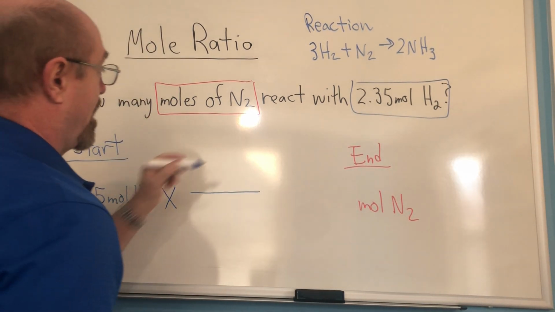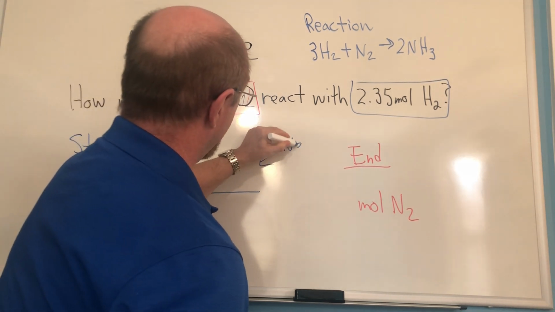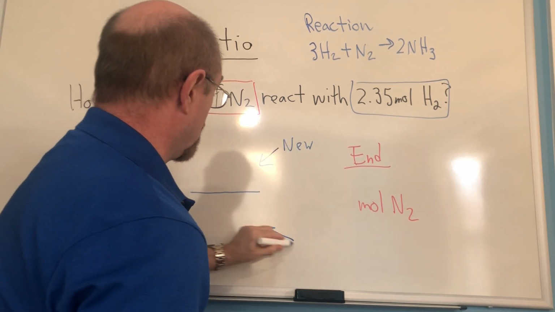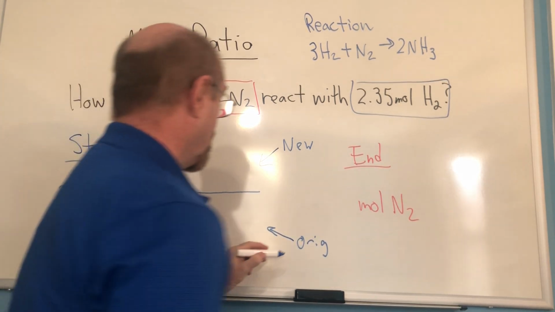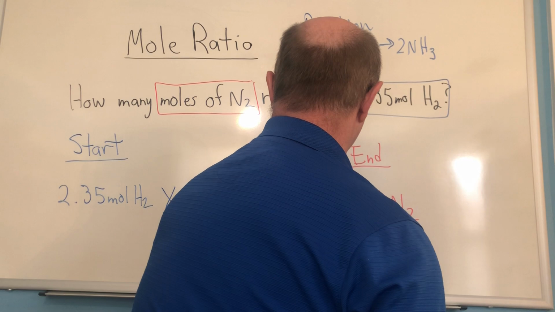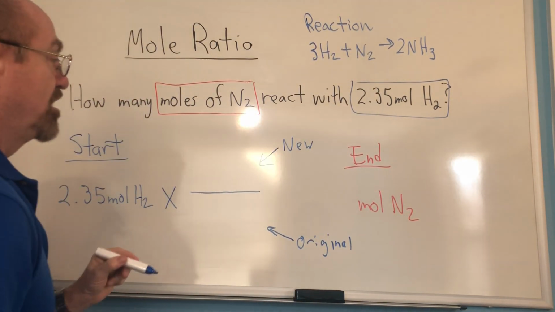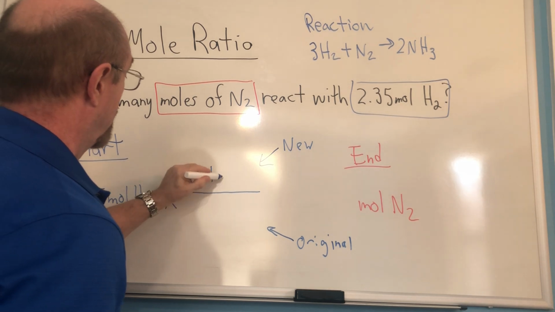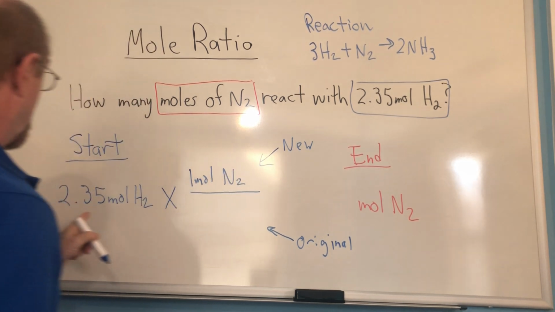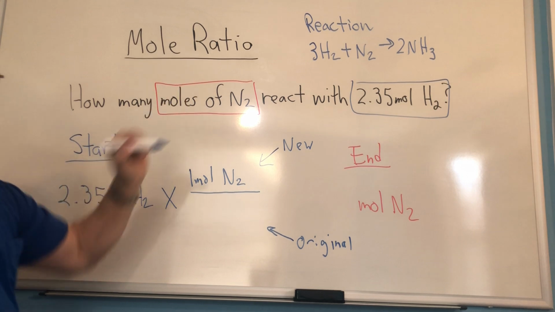And every single time, the new substance goes on top and the original substance goes in the bottom. And when I say substance, I'm talking about the coefficients for those substances. So the coefficient for nitrogen is 1, and the coefficient for hydrogen from the reaction is 3.